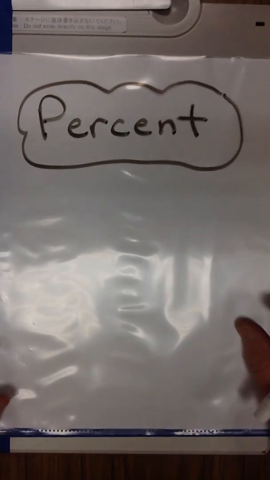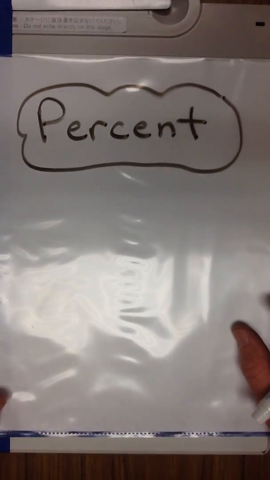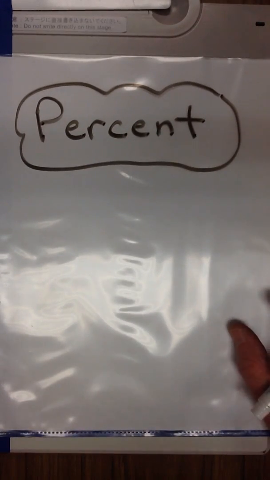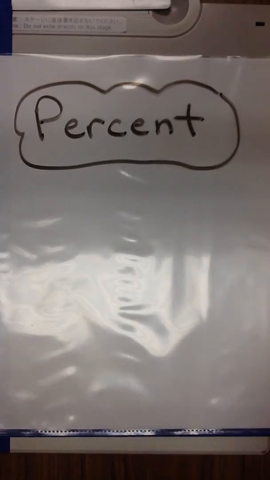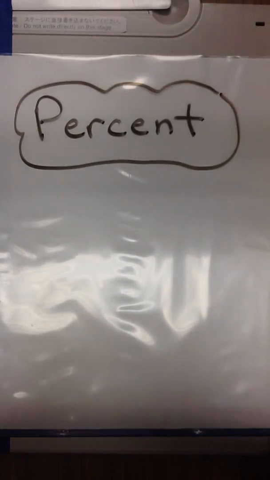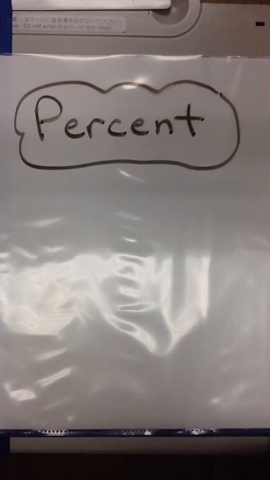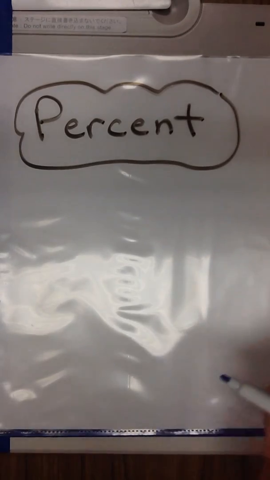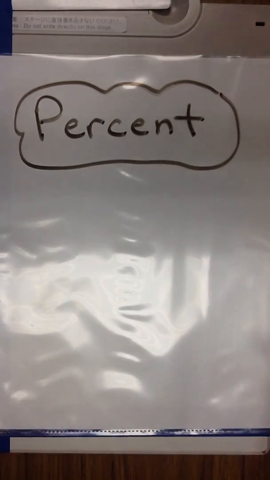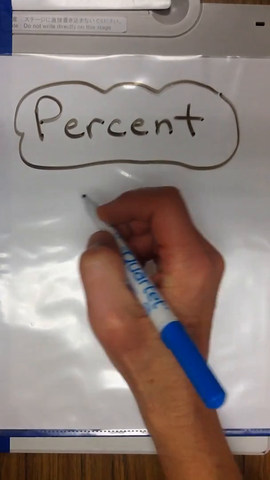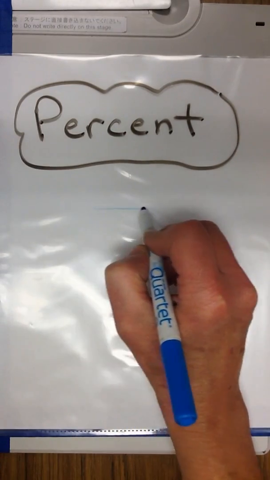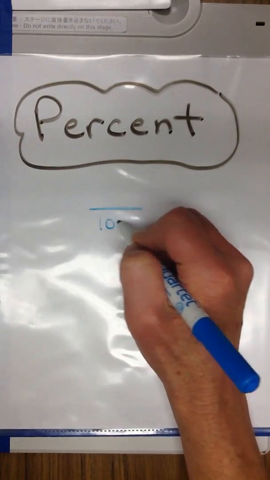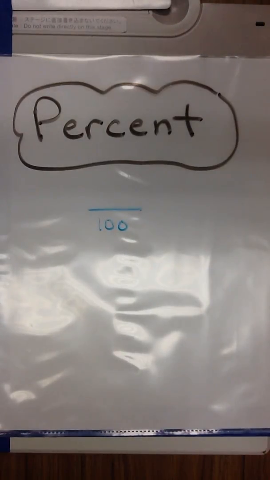Next question is, what kind of fraction is a percent? Well, it turns out that percents are a special kind of fraction, and they are a fraction that always has 100 in the denominator.